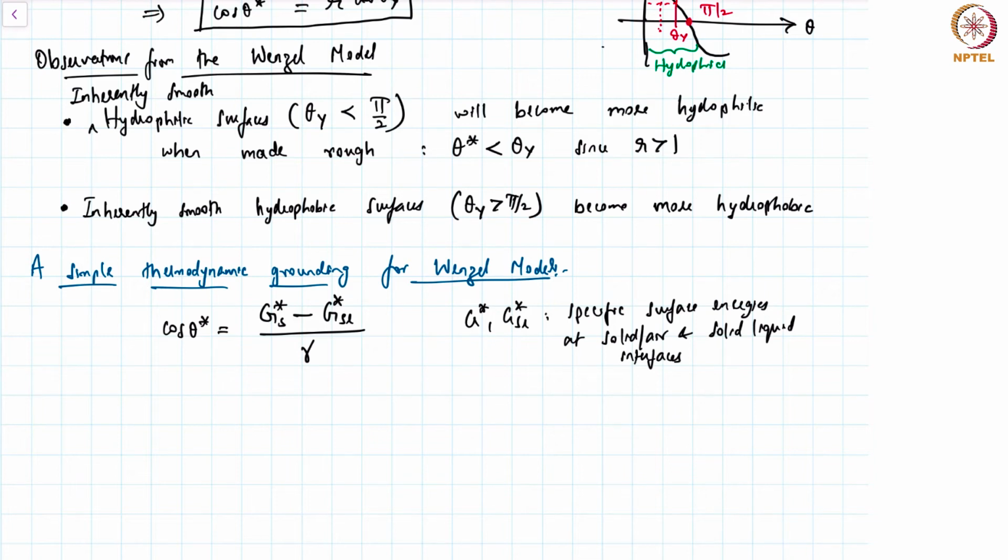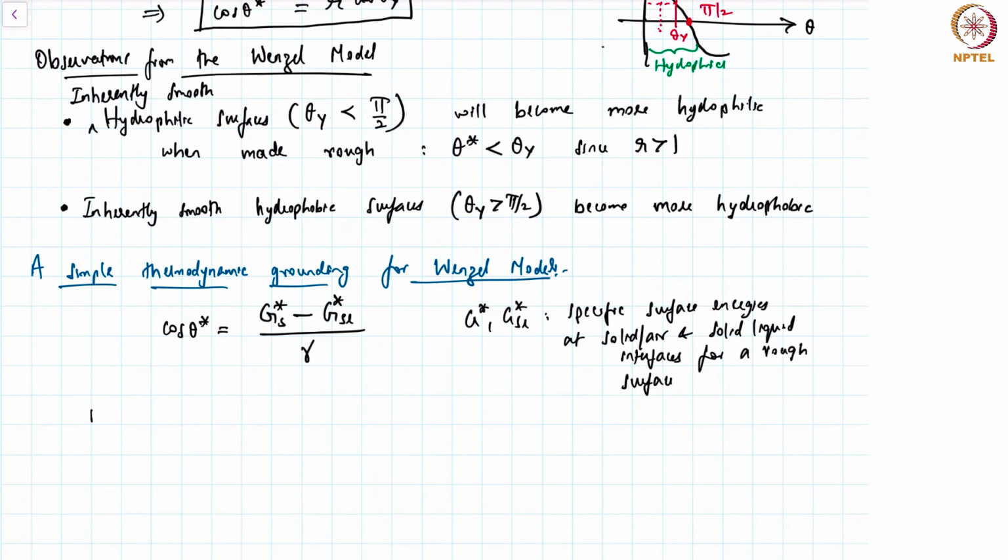Now, because we have undulations on the surface, the only thing that changes is the surface roughness changes the area, and the area effectively changes the total surface energy, right? So the specific surface energies, these quantities, are specific surface energies for a rough surface.